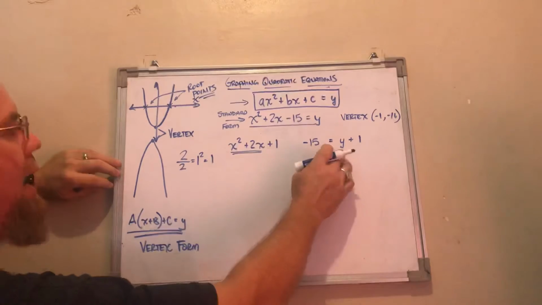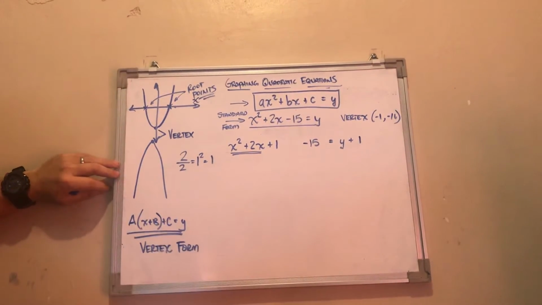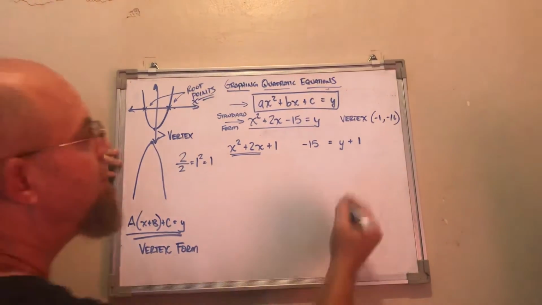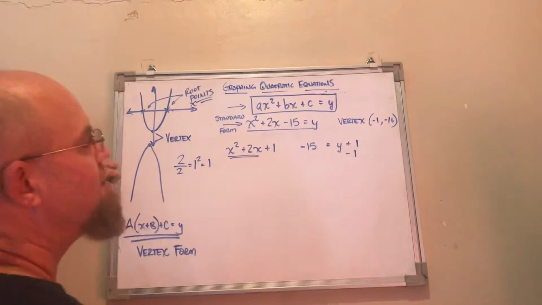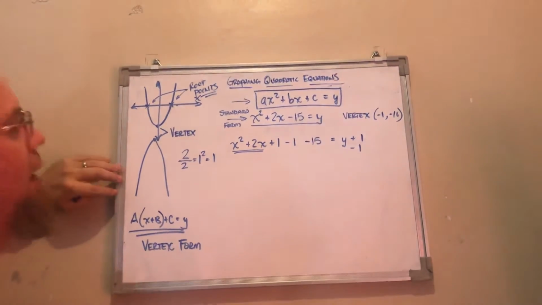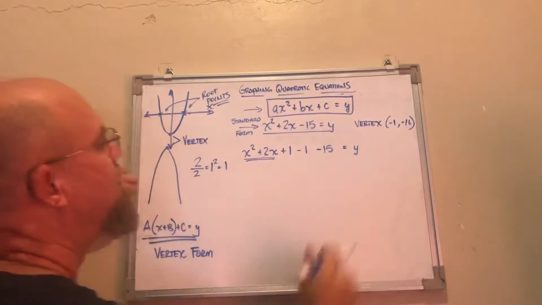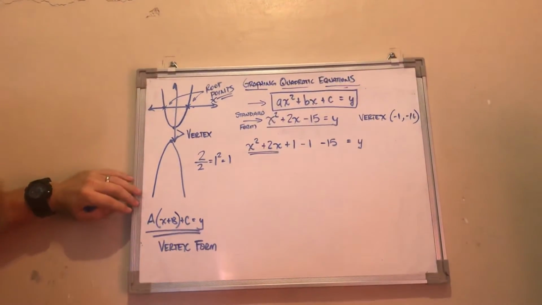But I want to keep y by itself, because I know in this vertex form, y is by itself. So what I can do is I can subtract that 1 that I just added over there and subtract that 1 from this side, right? So that turns into a 0, and I just subtract 1 over here.